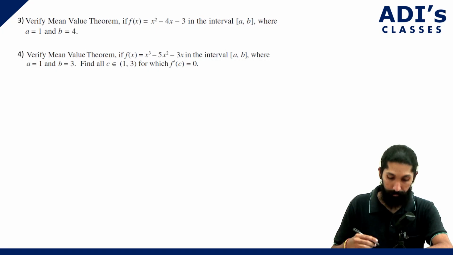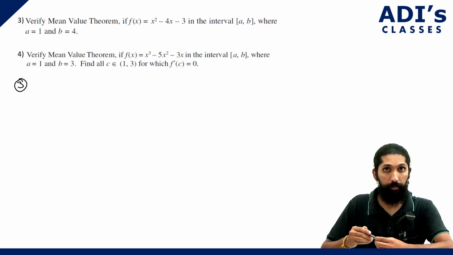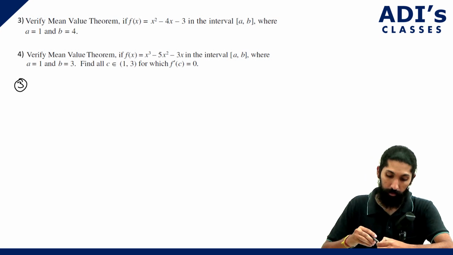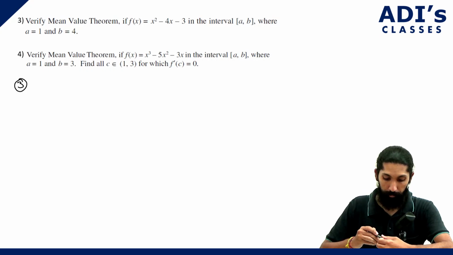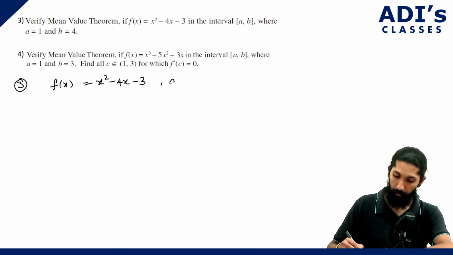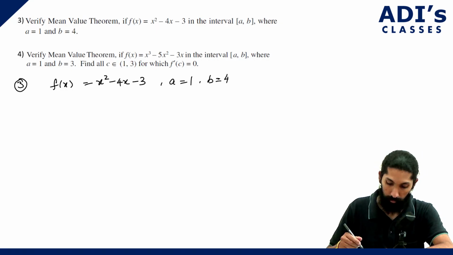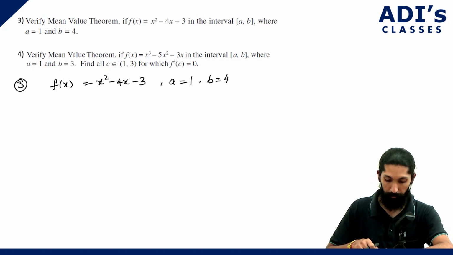See the third question. Here we are dealing with the mean value theorem, right? Verify the mean value theorem if f of x is equal to x square minus 4x minus 3 in the interval a comma b, where a is 1 and b is 4. So these are the values of f of x, a and b.